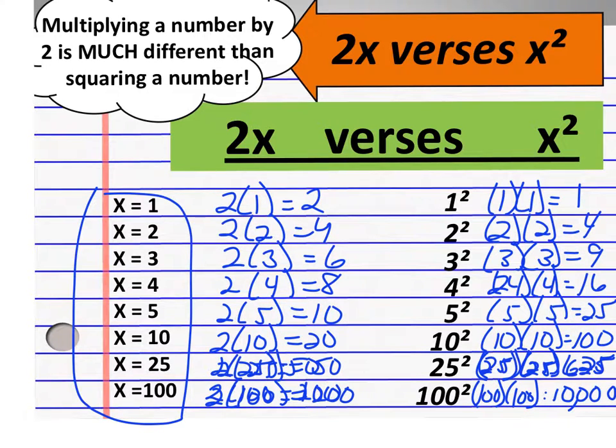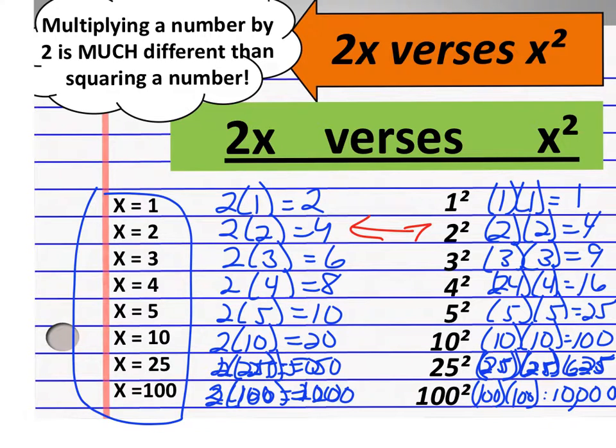Big difference. So what you need to realize is when you are calculating circumference, you're getting these smaller numbers. When you calculate area, look at the jump in the numbers. Look how they increase. The only one that is the same is when 2 is the radius.